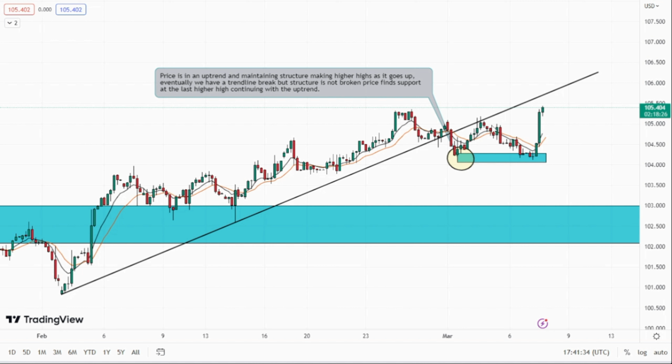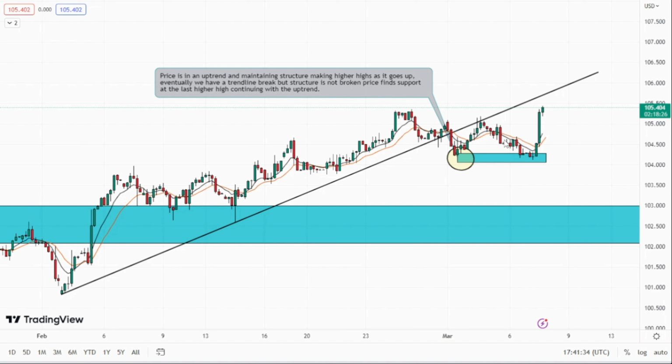Here we had a retest on the trend line, but again it never broke this previous high, and we continued with our uptrend with 1, 2, 3 solid bullish candles, meaning the momentum is still up. The momentum is still with the bulls. So this is how you can use trend lines to identify market structure.